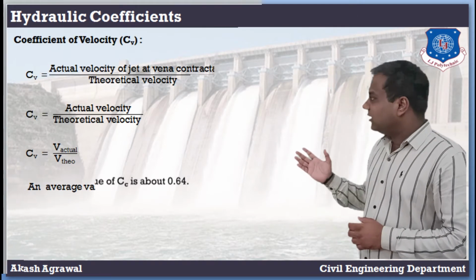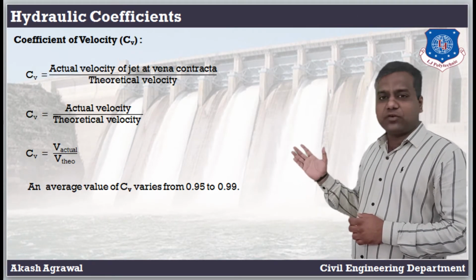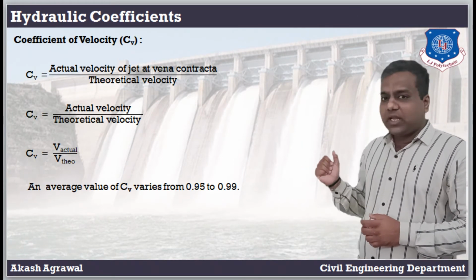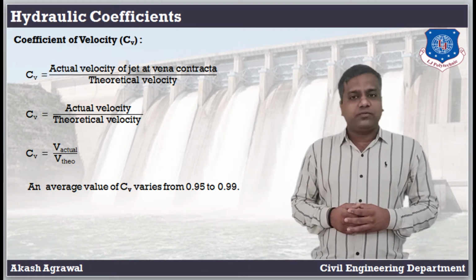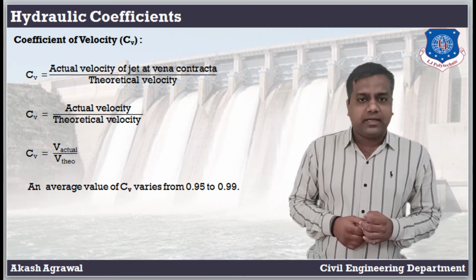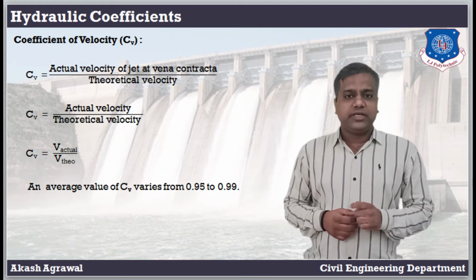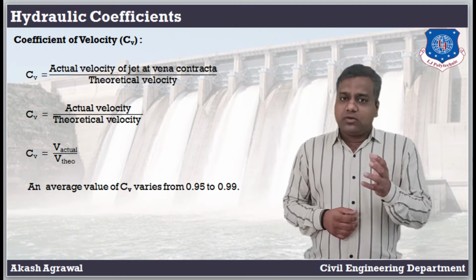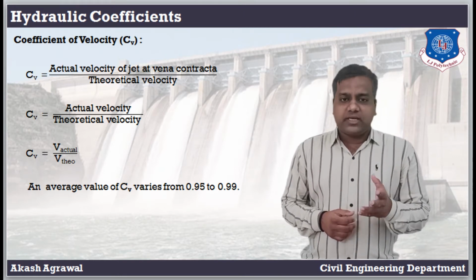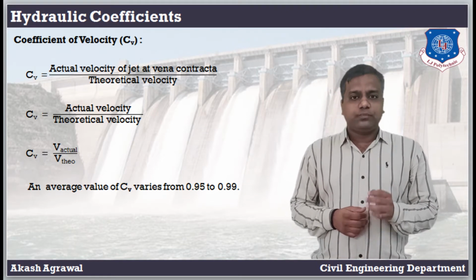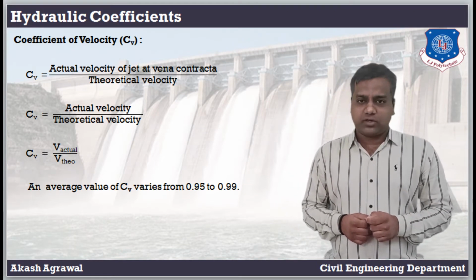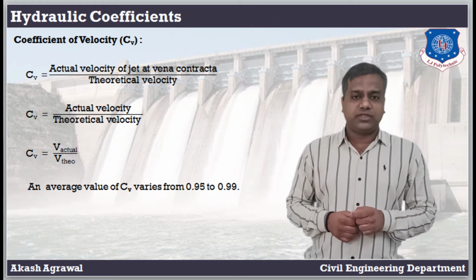Now the second hydraulic coefficient, that is the coefficient of velocity. It is defined as the ratio of actual velocity of jet at Vena contracta to the theoretical velocity. The coefficient of velocity is represented by CV. CV is equal to actual velocity of jet at Vena contracta divided by theoretical velocity.